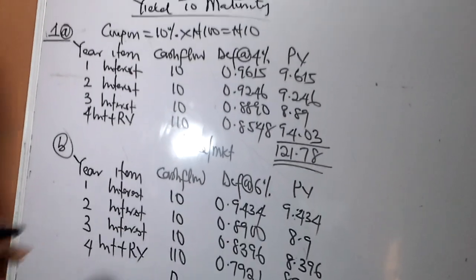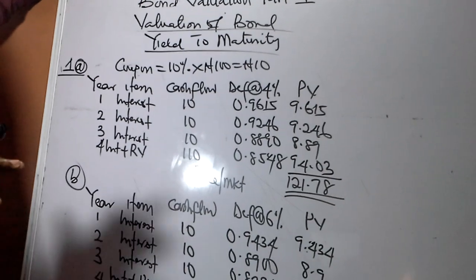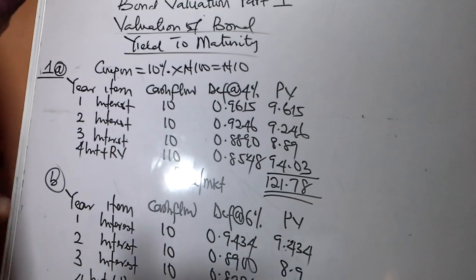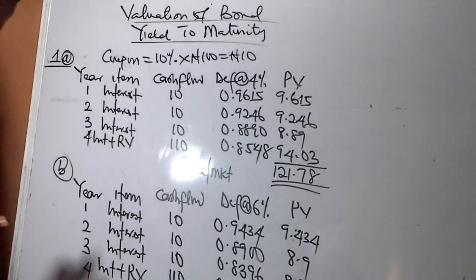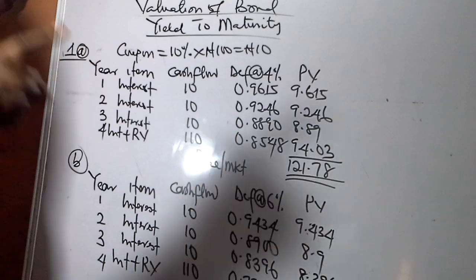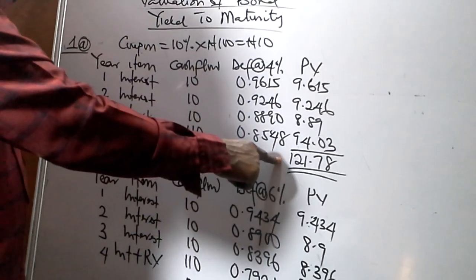Now, as we can see from this example, there is an indirect or inverse relationship between the price of the bond and the yield. Let's see, under A, when the bondholder demands 4%, look at the bond price, they will pay this price.